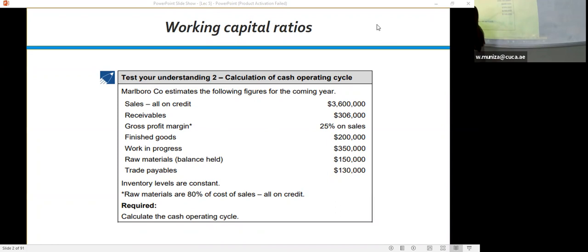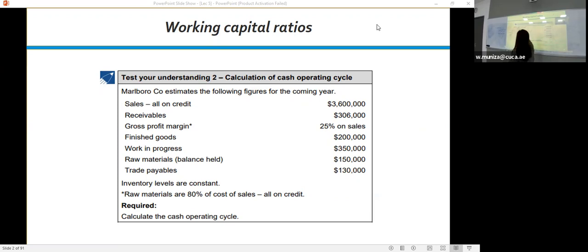Now they have given us the gross profit margin as well. It means they have not given us the cost of sales figure. We know that sales minus cost of sales is our gross profit. They say the sales are 3,600,000, but they have not given the cost of sales. They say the gross profit margin is 25% on sales.